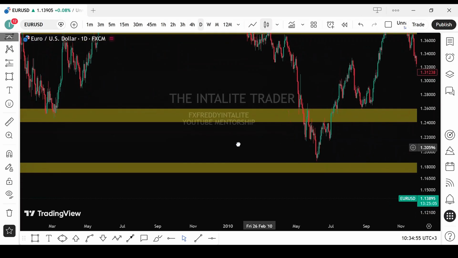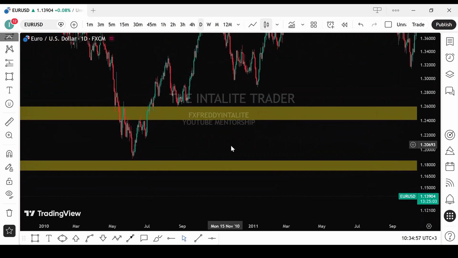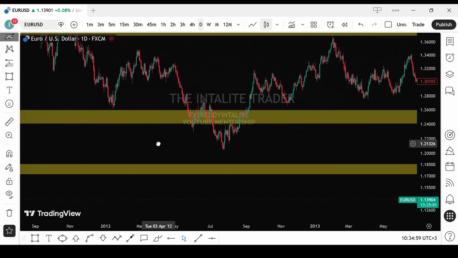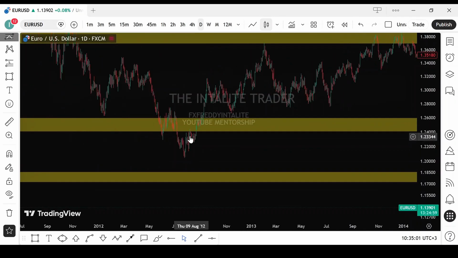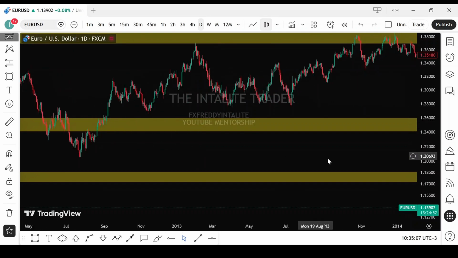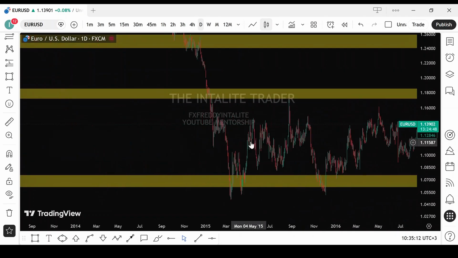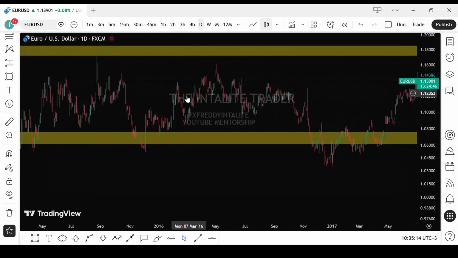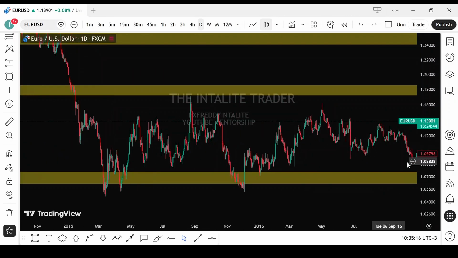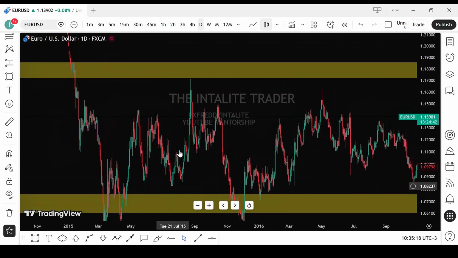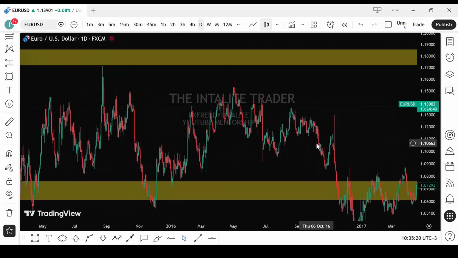So you go on the monthly, draw those levels, and you can even mark them as monthly levels. So we have here, price came and respected the level. The same thing here. If we look at where price is today, price is trading in between this level and this one.